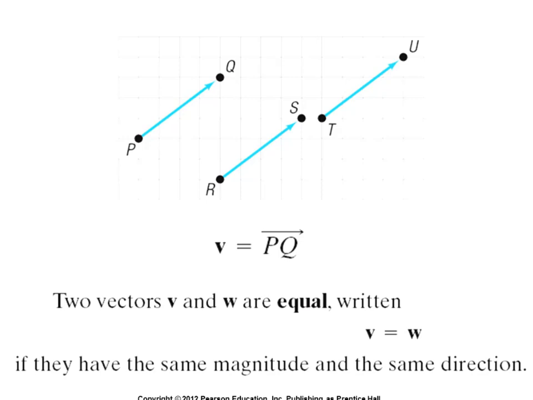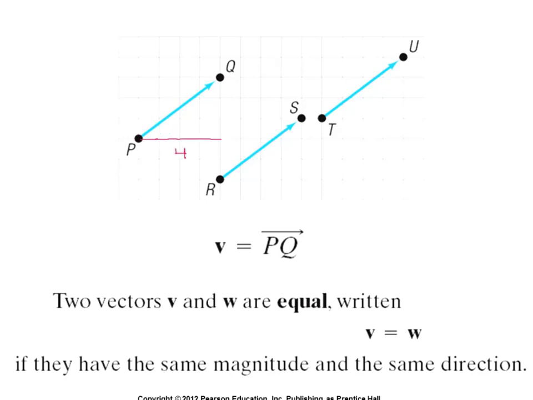All right. So two vectors are equal, V equals W, if they have the same magnitude and direction. So for example, we can say PQ and RS are equal because they're going in the same direction, and if we count x's, we have 1, 2, 3, 4.